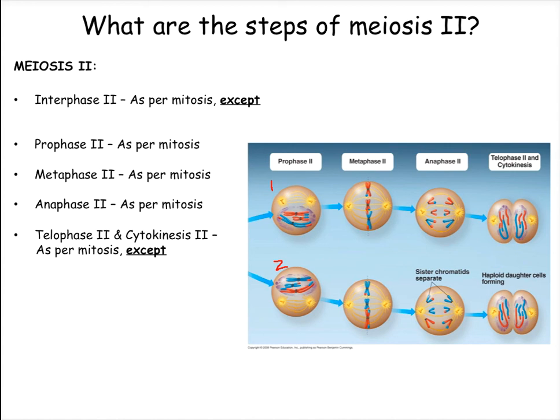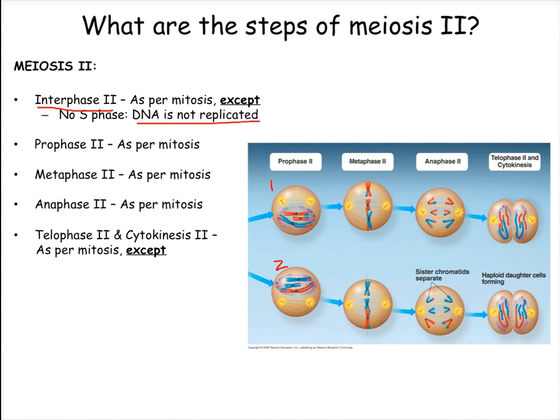And so what will happen is, and it's not shown here, and so I apologize, but just like before we started meiosis 1, there was an interphase. In meiosis 2, it starts again with an interphase, and we'll call it interphase 2. But, and this is a really important but, in interphase 2, the DNA is not replicated.